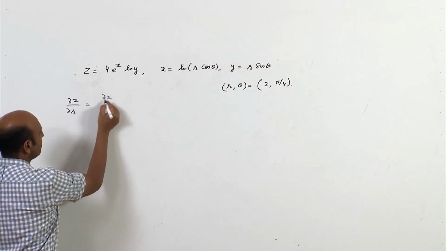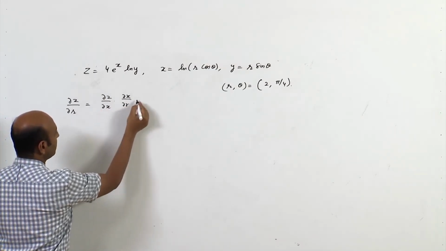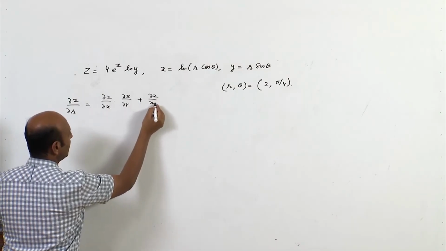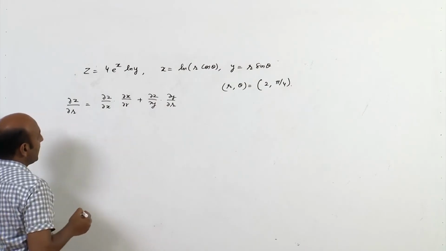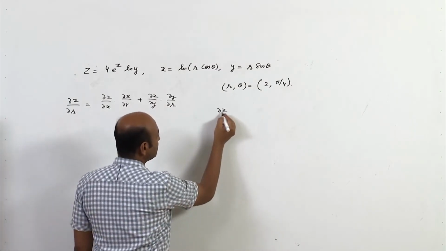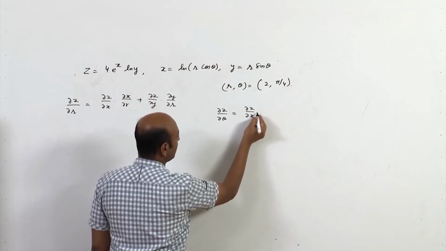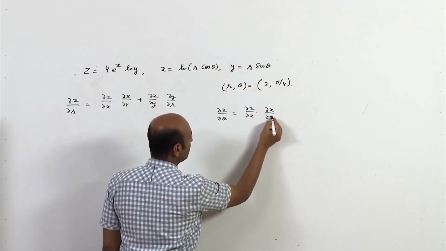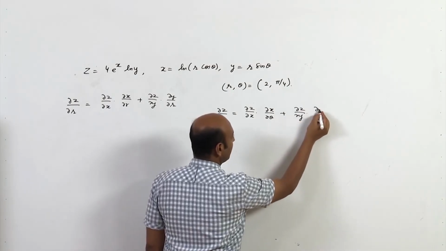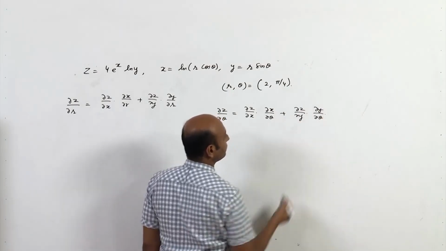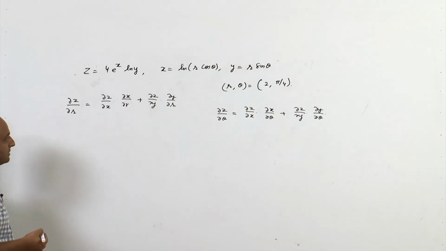So, it is del z by del x into del x by del r plus del z by del y into del y by del r. And similarly, if you want to find del z by del theta, it is del z by del x into del x by del theta plus del z by del y into del y by del theta. Okay. Similarly, you can write this by the chain rule.